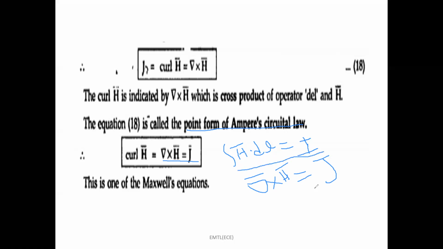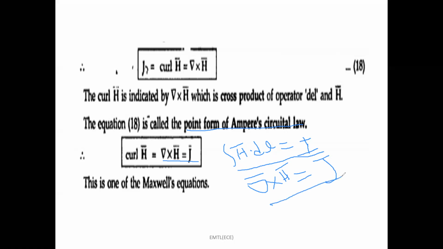What is Ampere's law? Ampere's law is the integral of H bar dot dl bar is equal to I. The point form of Ampere's circuit law is curl H, that means del cross H is equal to J. So this is called the integral form of Ampere's law.